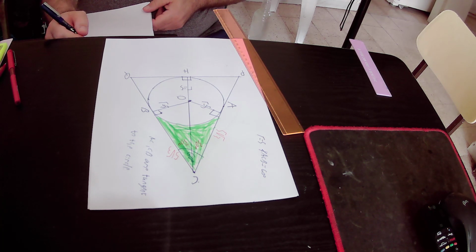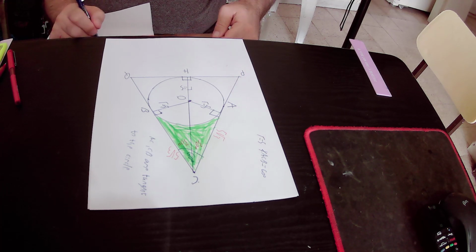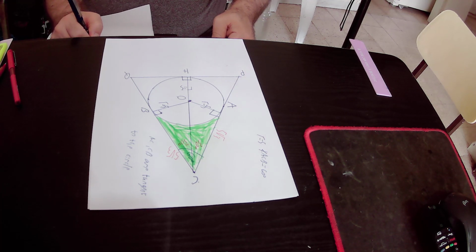We know that the sum of the angles in the right triangle CHP must be equal to 180 degrees.